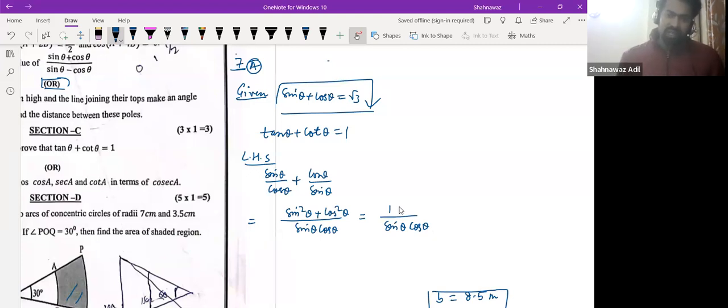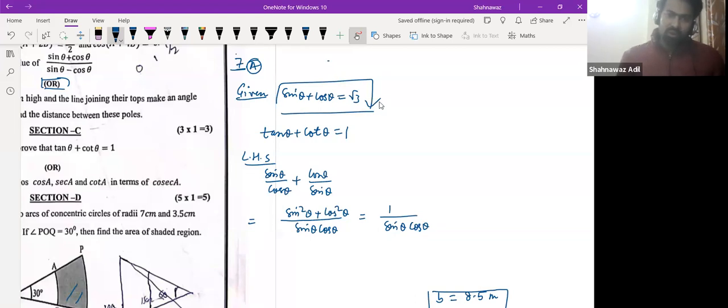Now you see that they have given, so we are getting this in product form. We can write sine and cos. But we are given this thing, sine theta plus cos theta is equal to root 3, right?